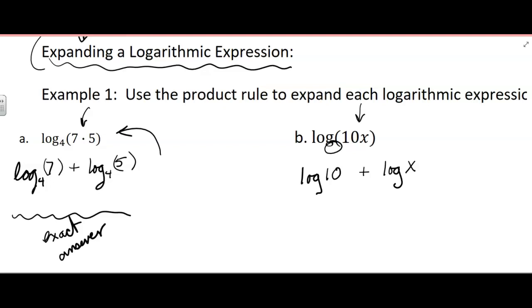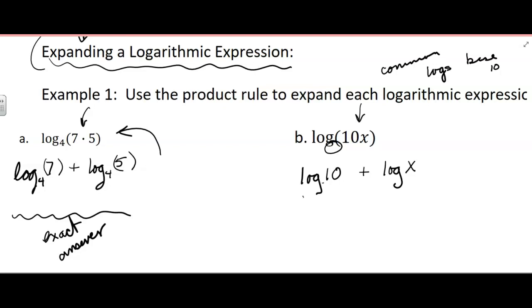But because it's a common log, there is some simplifying we can do here. Do you remember common logs have a base 10? You don't see the base written, but there's really a little 10 right there. You just can't see it because we don't write it.